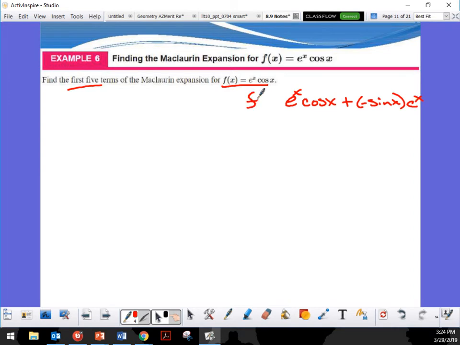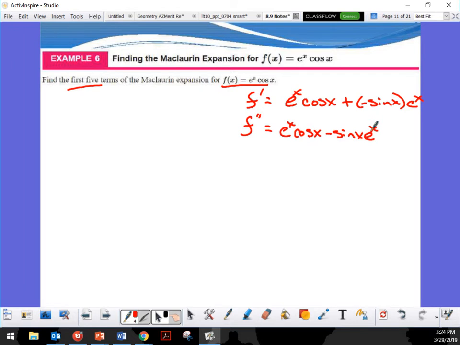So this is f prime, f double prime, and it's going to be e to the x cosine x minus sine x e to the x, right?